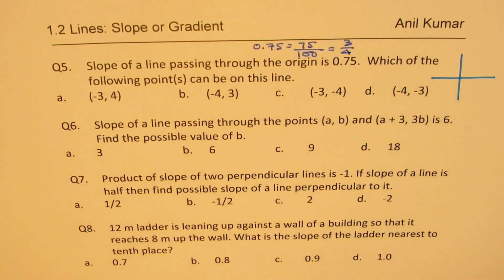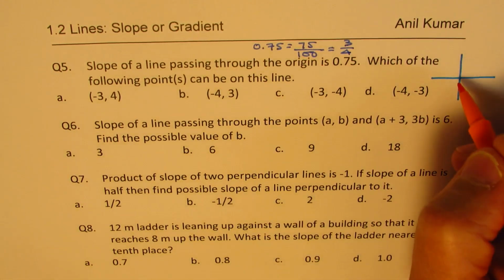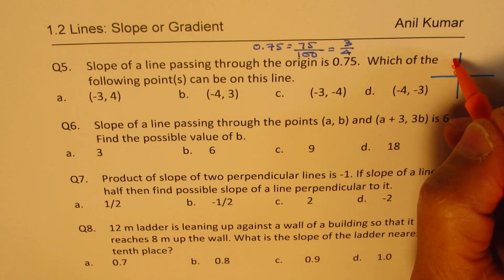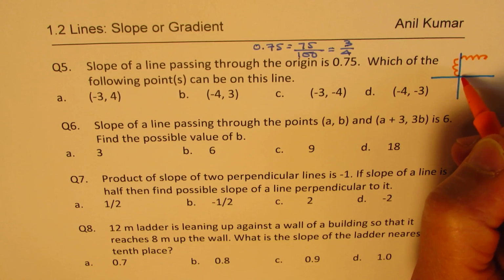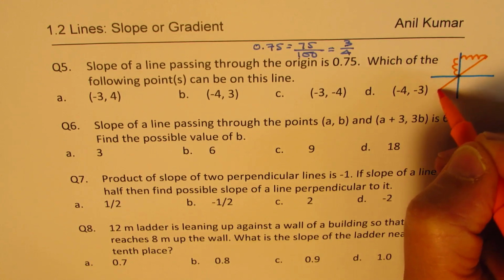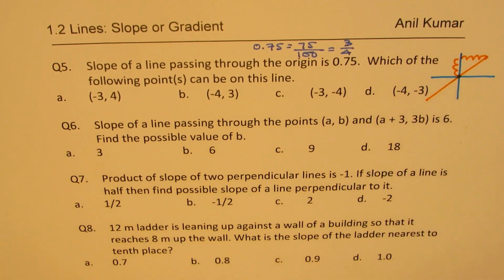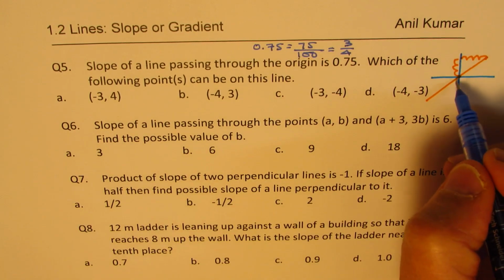So that means there is a rise of 3, like 1, 2, 3, and run of 4, 1, 2, 3, 4. And it's going through origin. So it's kind of like this. You could go this way also. You see, we get 3 over 4.